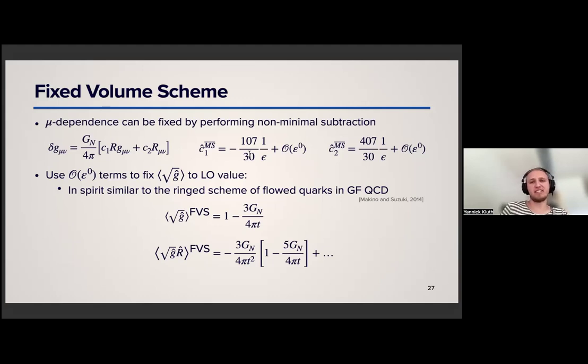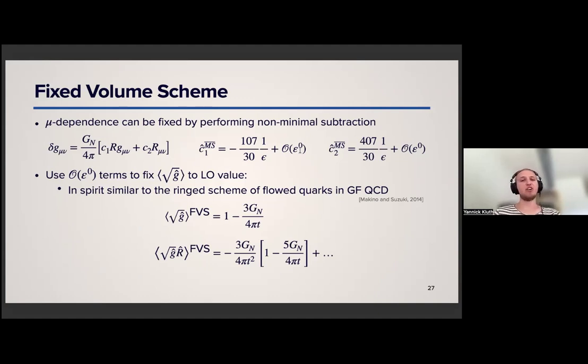The idea here is that we go away from minimal subtraction and go to a slightly non-minimal subtraction for our initial condition in the Ricci flow. So we start again from our counterterms in the initial condition. In minimal subtraction, we would have only had these epsilon poles, which is what we calculated, what I showed you before. But in principle, we can also include higher order terms in epsilon.